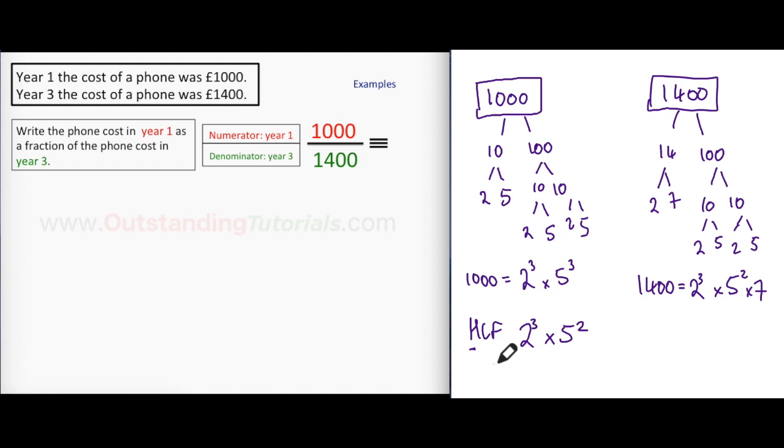So what is 25 times 8? This is equal to 200.